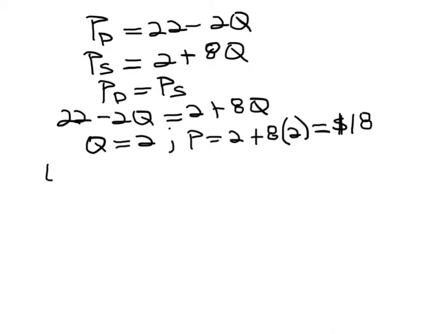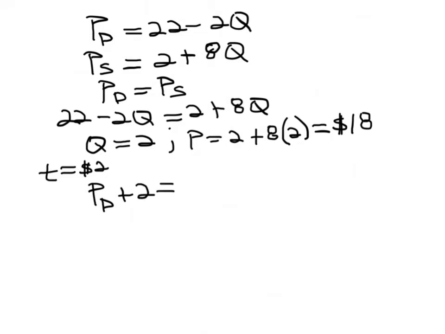Now let's say there's a tax of $2 per unit, and let's say that initially they're going to charge this tax to the consumers. Charging this tax to the consumers means that consumers are going to have to pay the price they pay to the suppliers plus $2. So basically, the price consumers will pay will be the price they pay to the suppliers, that's PD, plus the tax, which is $2.